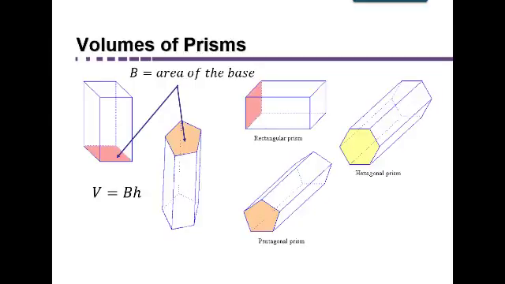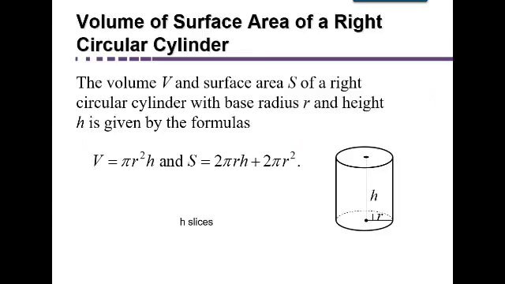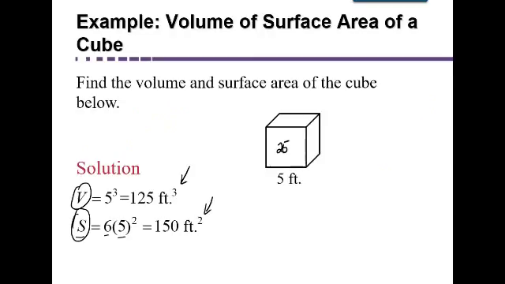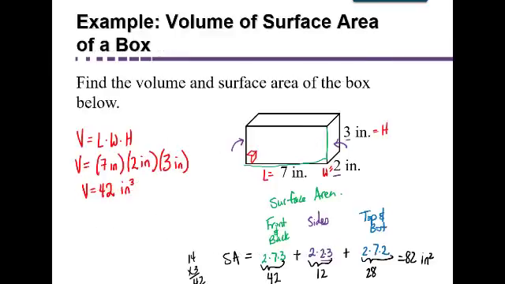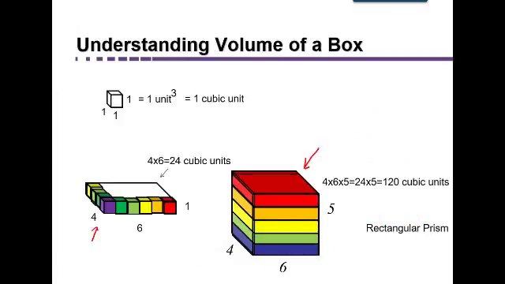To see that this is true, let's go back to this guy here. So notice that when we were looking for the volume of this particular box, we looked at how many cubes would fill one layer.